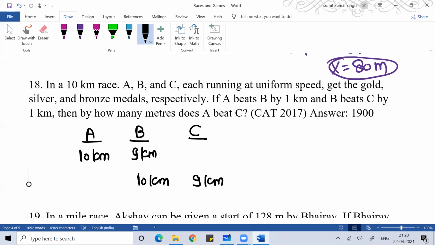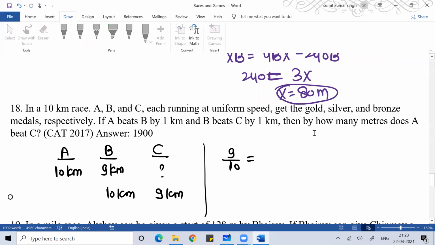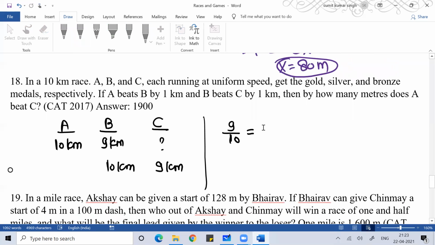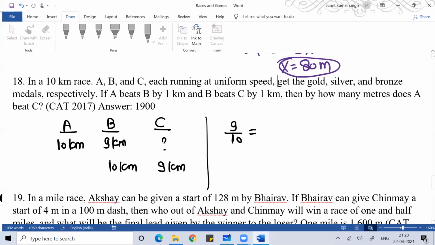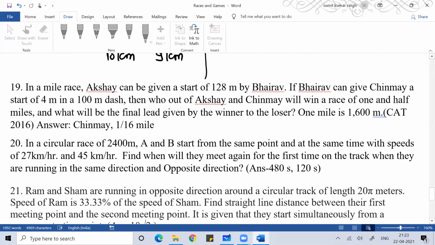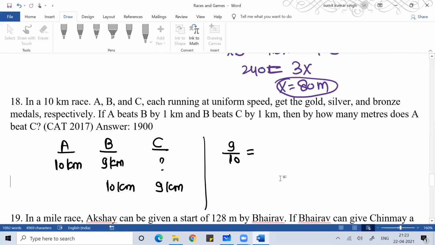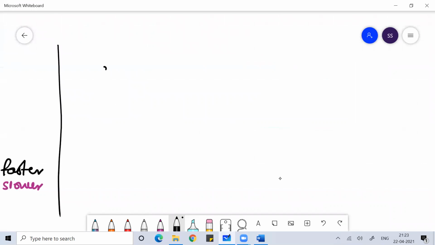When B would cover 9 kilometers, then how many kilometers would C cover? You can find that relation, we have already done it many times in the past. So this is the ratio, 9 by 10, equal to 9 by 10, and multiply whatever you have to find by 9.